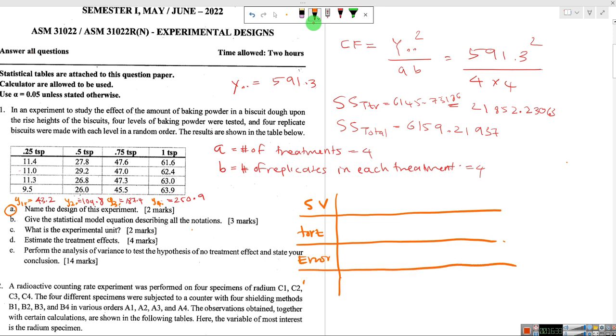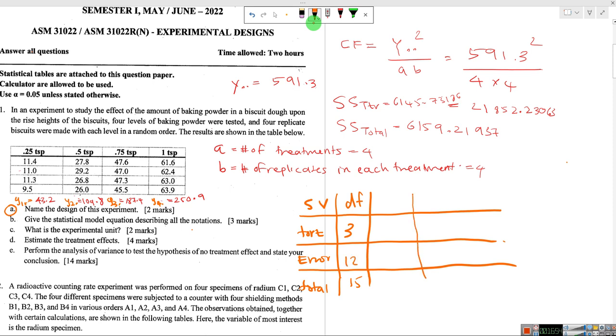Okay, total. Now degrees of freedom. Now 4 minus 1, a minus 1, so 3. Here also 16 minus 1, 15. So the error term will be this minus this, 12.